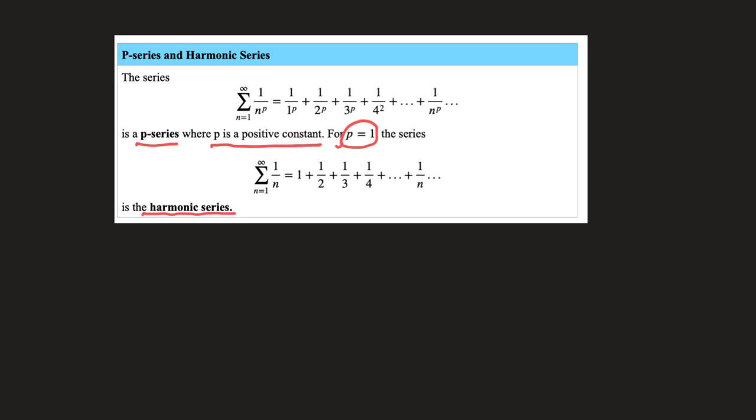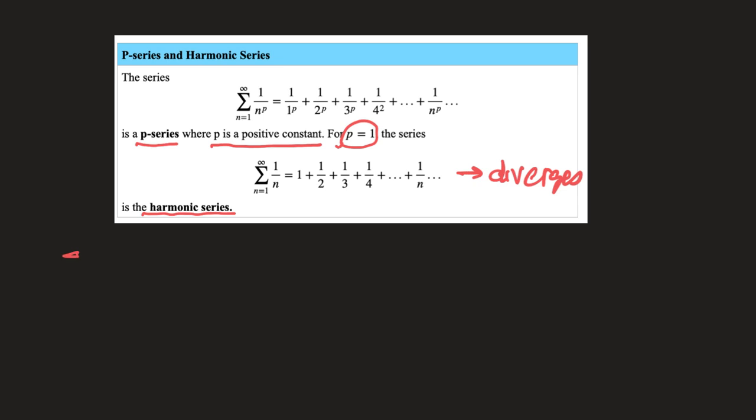We proved at the beginning of this presentation that the harmonic series diverges. So this is a p-series, and depending on the p value, it might converge or it might diverge.